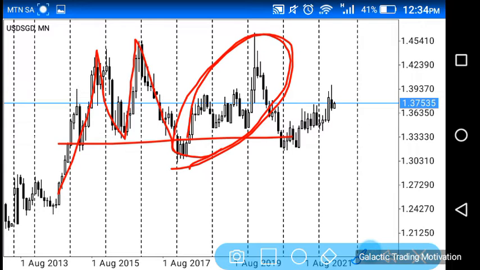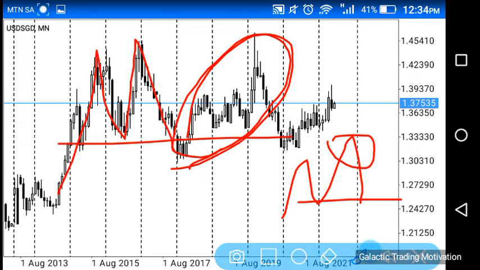So what normally happens in as far as informations go is that a lot of traders would look for selling opportunities on the second leg of the information, as well as on the break of the neckline of that information. So once that happens, these sellers put their stop losses just above the information. Hence, we saw this move.